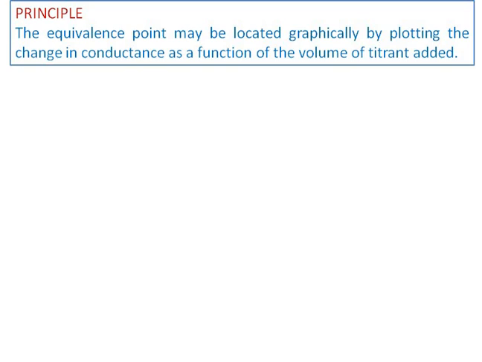When these two factors vary, the conductivity of the solution also varies. Because of these two factors there will be a difference in the ionic conductivity, and because of that we can see a change in conductance value throughout the titration. And the equivalent point we can determine graphically, as I mentioned earlier.